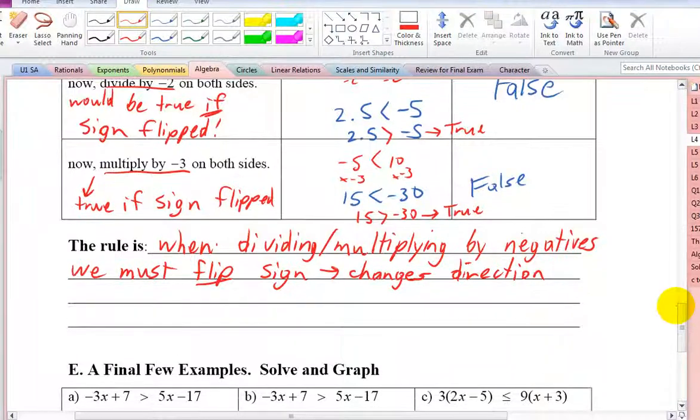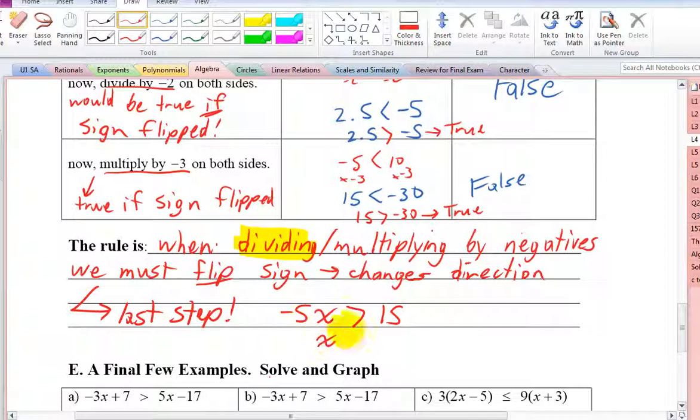Now, I want to highlight this, dividing. The reason why I'm highlighting dividing is 95% of the time in grade 9, that's all we're doing. Watch for this on the last step. The last step, you will have to flip your sign. So if we have negative 5x greater than 15, then we say x is less than what?